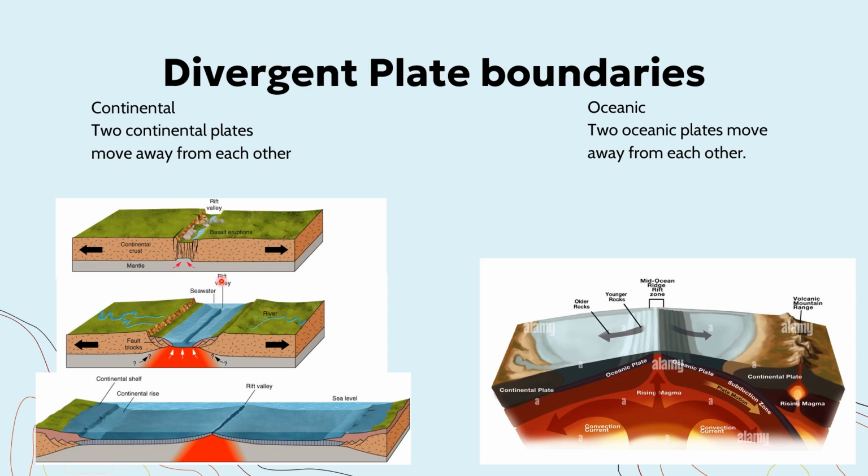And then the second type is oceanic divergent boundary. That is when two oceanic plates are moving away from each other, which causes a mid-ocean ridge because magma is pushed up to the Earth's surface and causes the ridge. It's like a little mini mountain range.